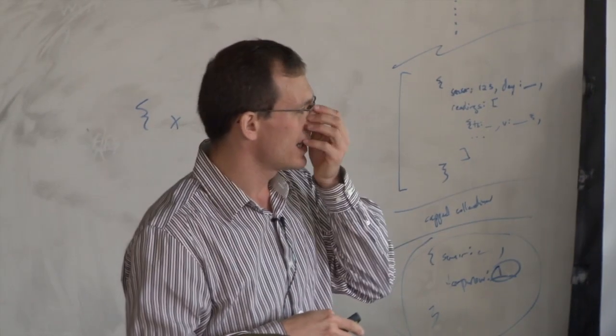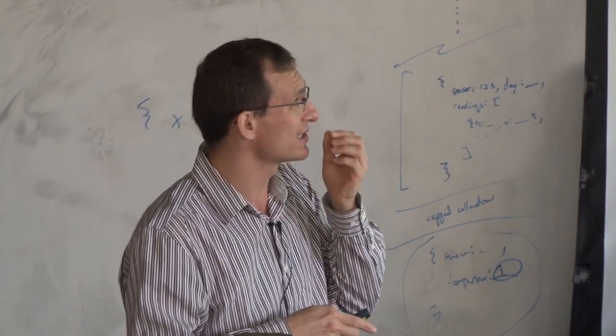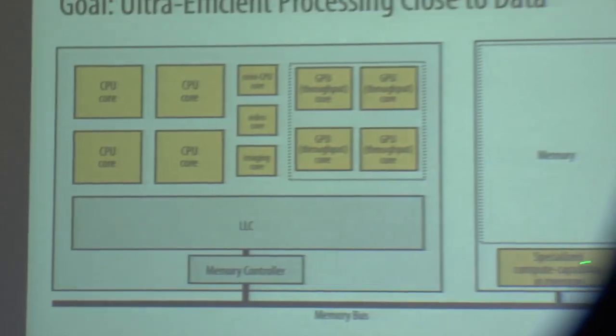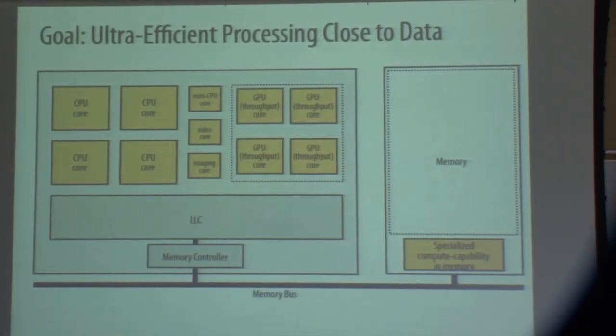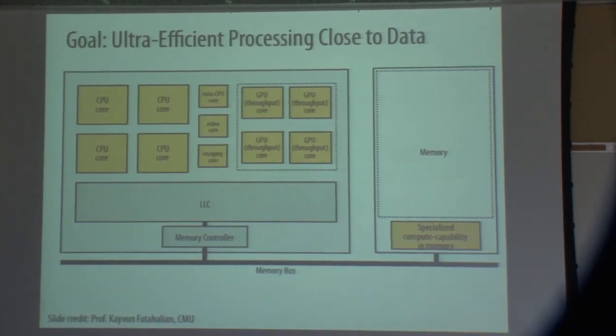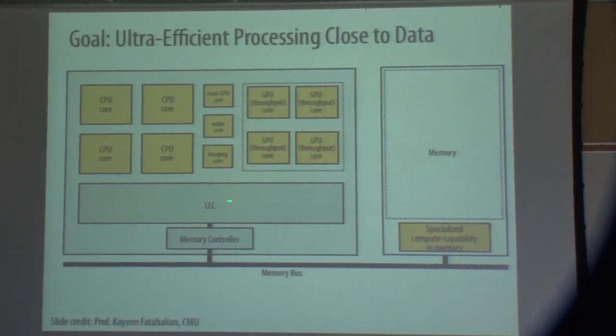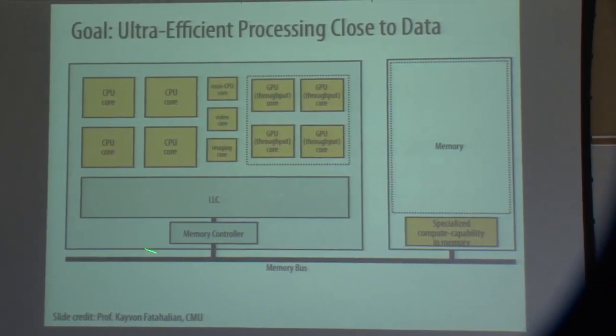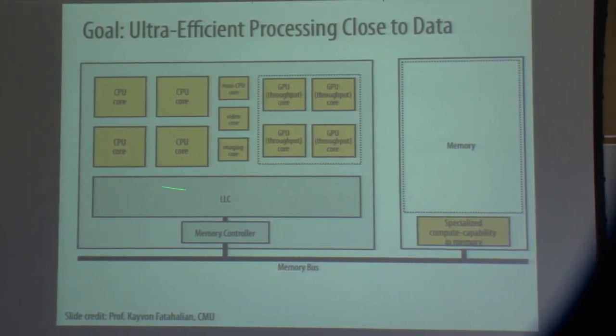But going forward, there may be many potential opportunities in doing computation close to memory. And RowClone is one example of this, I think. These are slides with Professor Fatahalian. This is on a project that we're working on together. But basically, the future is heterogeneous, right? We've discussed this many times. You have these heterogeneous parallel architectures.